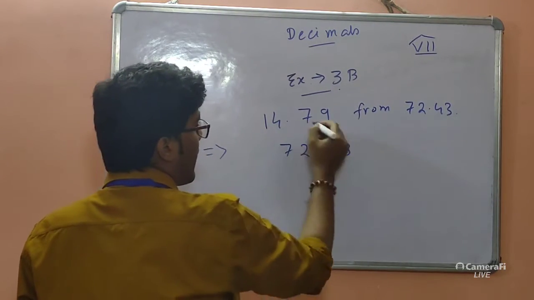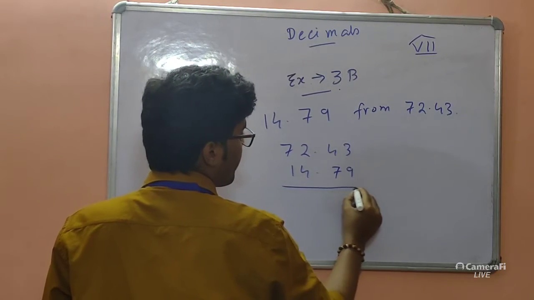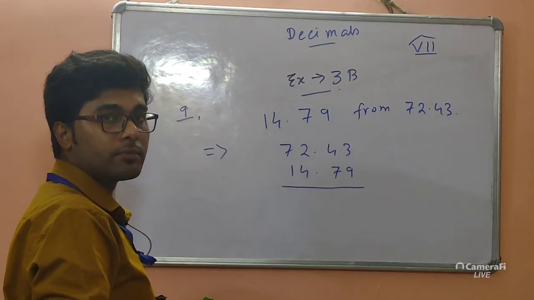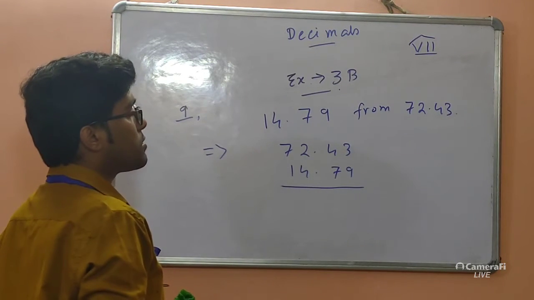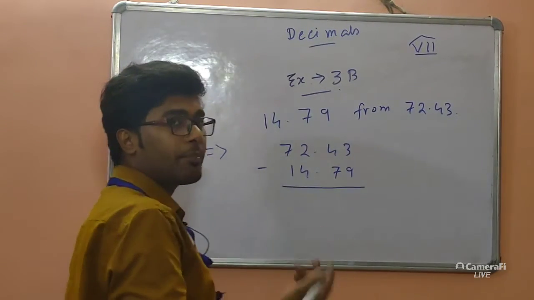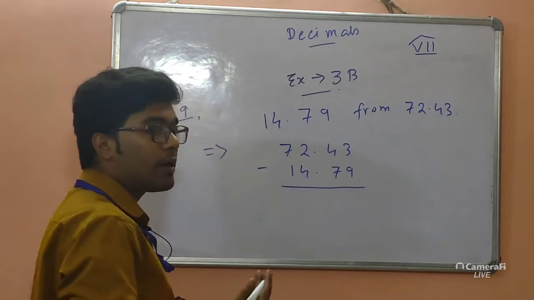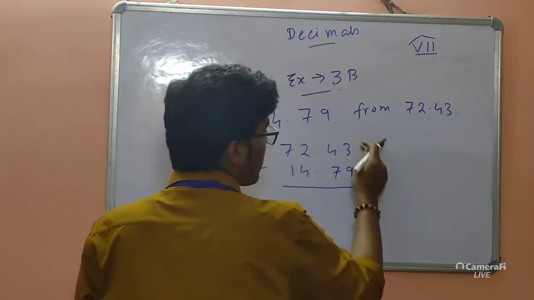72.43 I have written, and then 14.79. Clear? Okay, so now let us do subtraction. Subtraction is like previous one, which you have already learned from our junior classes. Okay, now subtract.